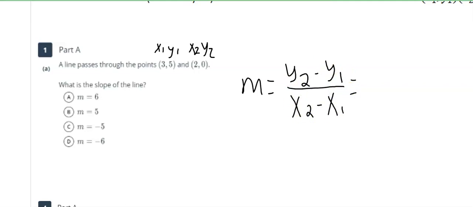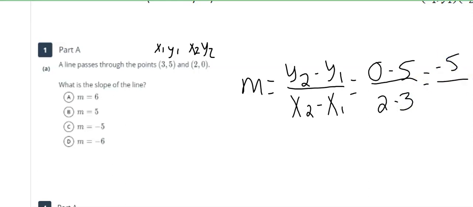If I fill this in, I would have 0 minus 5 all over 2 minus 3. 0 minus 5 is a negative 5, and 2 minus 3 is a negative 1. So we have negative 5 over negative 1.